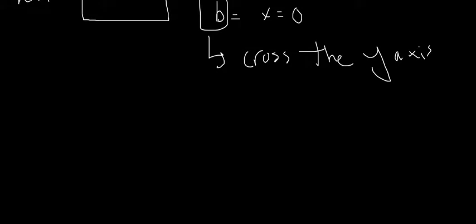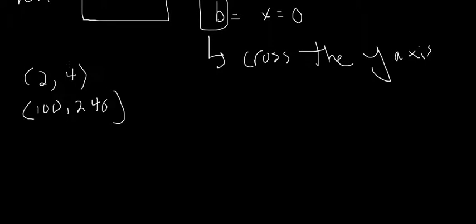So say we have 2 points, right? My x is 2 and my y is 4, and I have another point with x of 100 and y of 240.